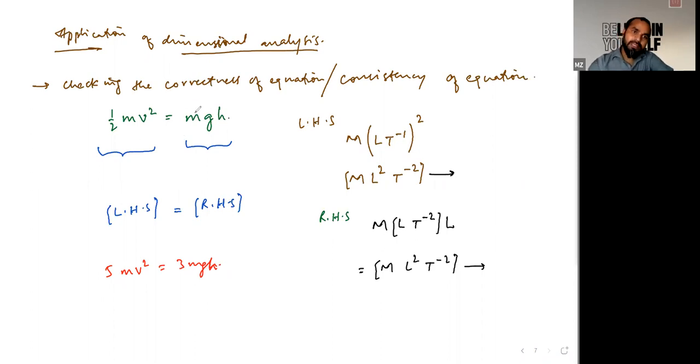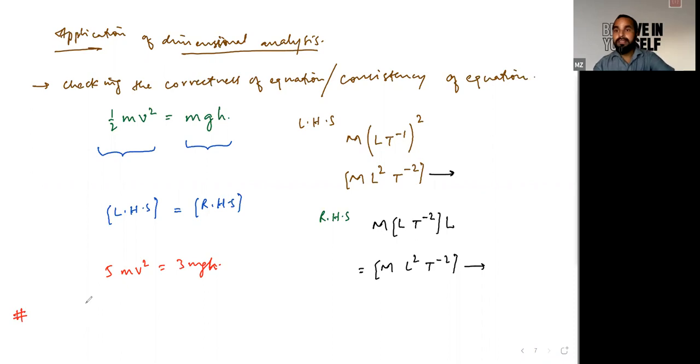We could write it in either form; by changing the coefficient, they would show the same dimensions, equal on the left hand side and right hand side. So we can say a dimensionally correct equation may or may not be correct, but if it is dimensionally incorrect, it will always be wrong.